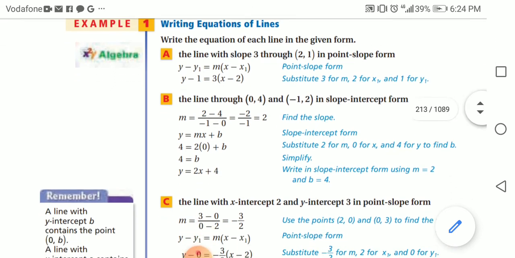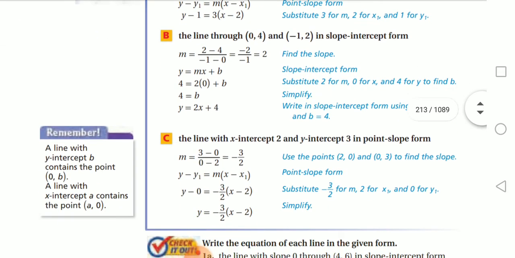Okay, easy now. B, I have here the line through the ordered pairs 0, 4 and negative 1, 2 in slope-intercept form. It asks me now to write the slope-intercept form. I should know how to write it, so I have to study this well. First of all, find the slope, because the slope is not mentioned here.